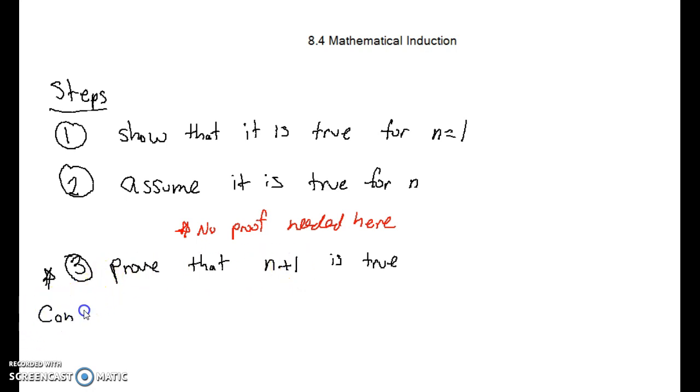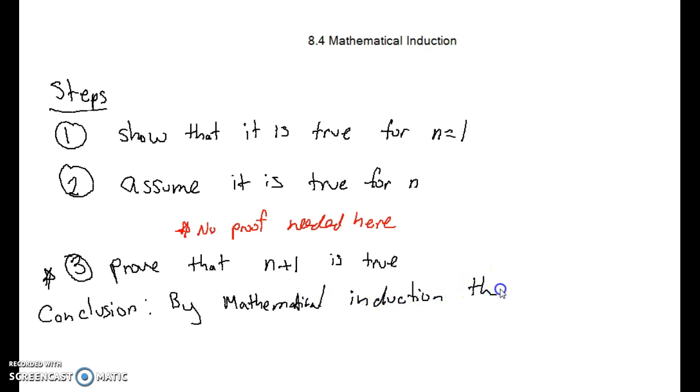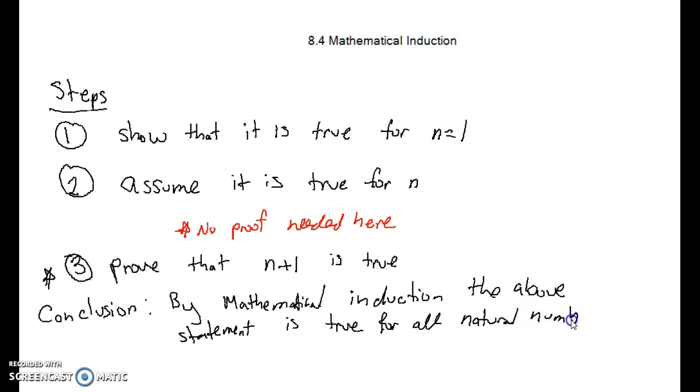After step number 3, and we prove that it is true, we get to write our conclusions. We can say by mathematical induction, the above statement is true for all natural numbers.